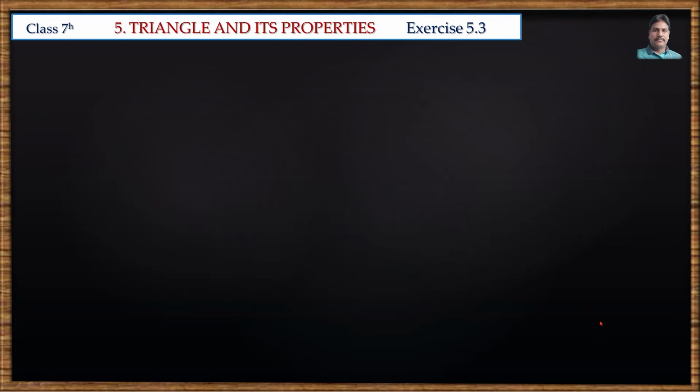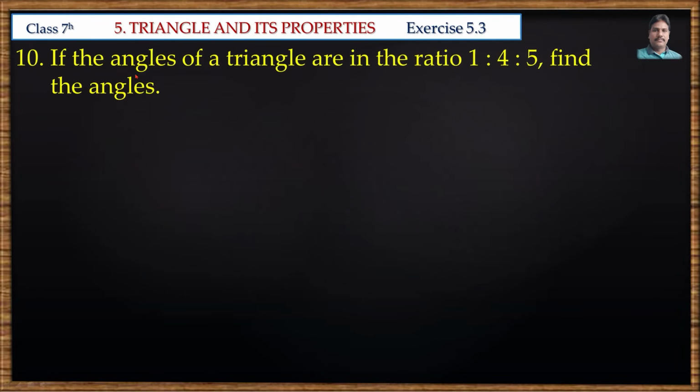Next problem. If the angles of a triangle are in the ratio 1:4:5, find the angles. Let us solve this problem.